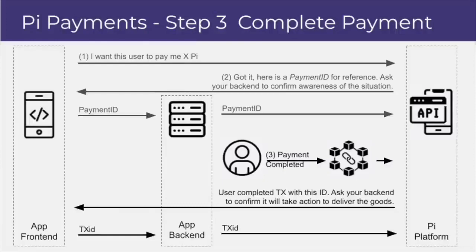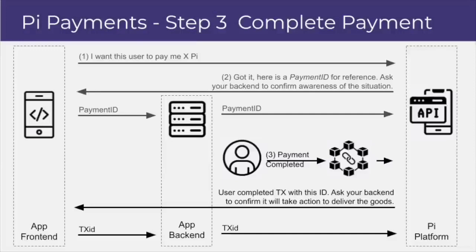And there is another round of sending it back through the backend in order to, once again, prove that the transaction ID has been received and that there is a good chance that whatever goods will be delivered. And so this transaction ID has to be sent by the app's front end back to the app backend, and the app backend has to send it again to the Pi platform through the process that we call server-side completion.